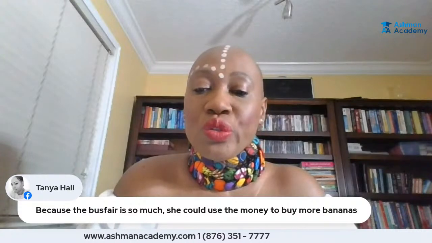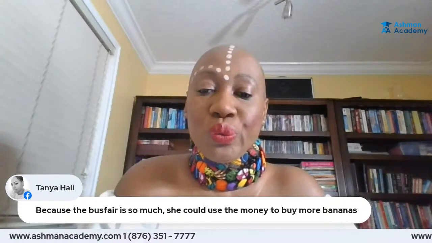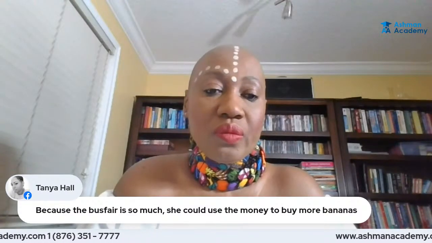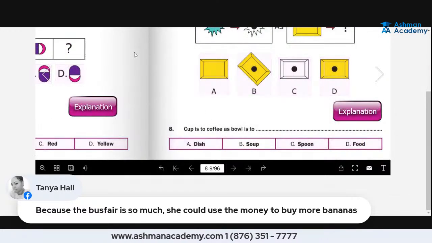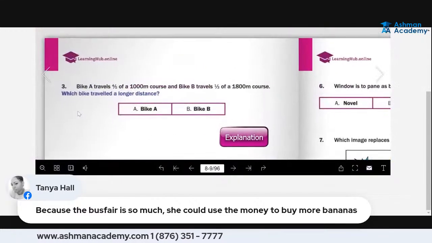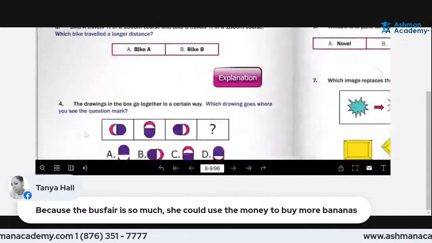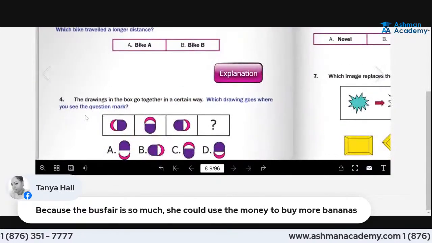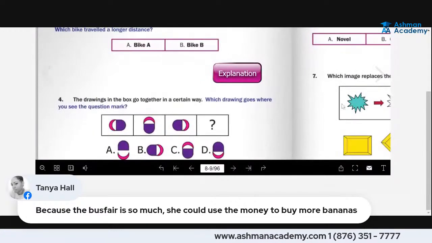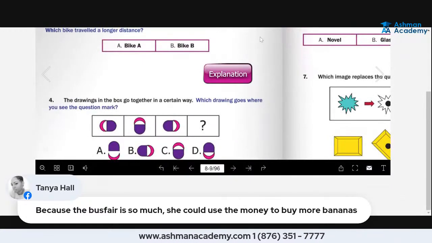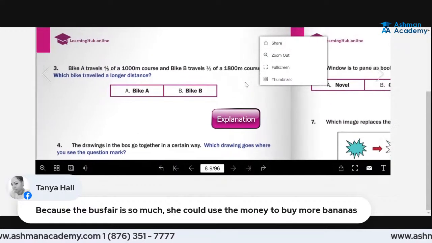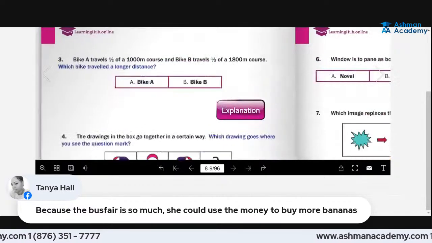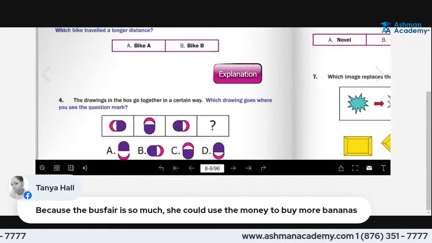All right, so let's go to question number 2. We're looking at another quantitative type question again. All right, hold on, guys.